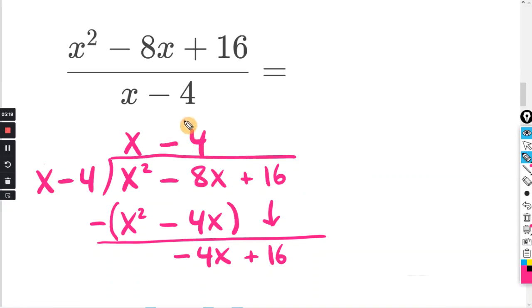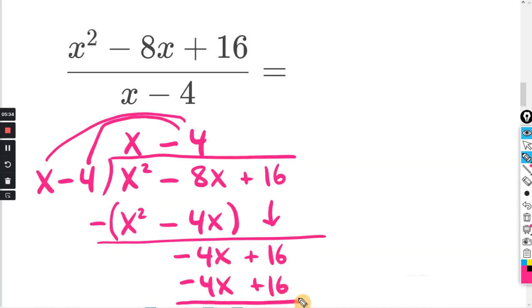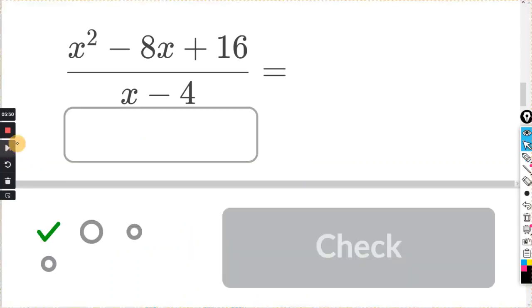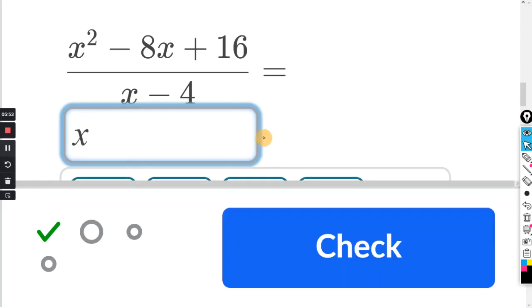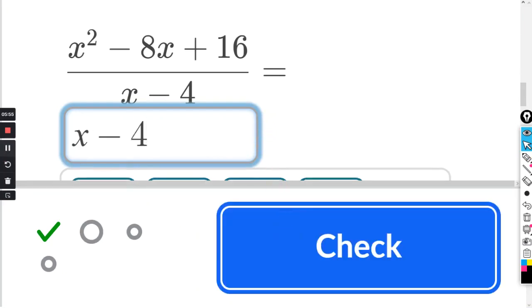Okay, distributing, negative 4 times x is negative 4x. And negative 4 times negative 4 is positive 16. Okay, we got the same thing on both. So when we subtract, it's just going to be 0. So the remainder is just 0. And our final answer is just this right here, x minus 4. So that just goes in the box. Click inside and type x minus 4.